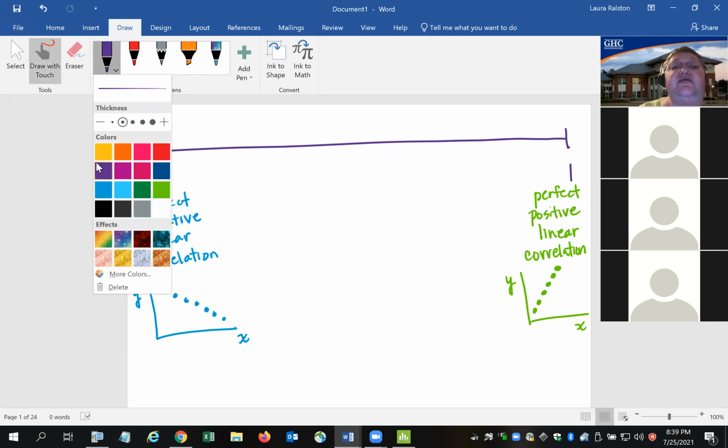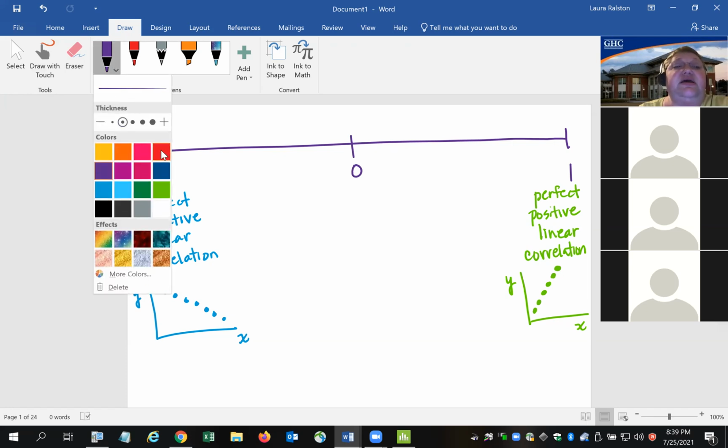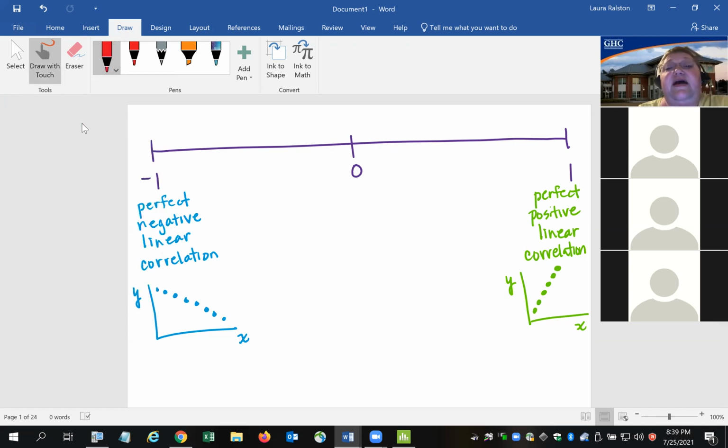Now in the middle, of course, between -1 and 1 is 0. If your R value is 0, that means there is no linear correlation at all. And visually, that could be one of two things.